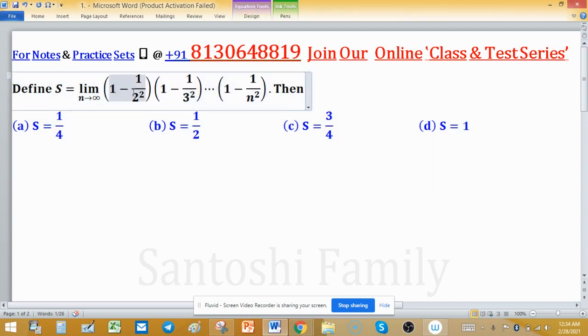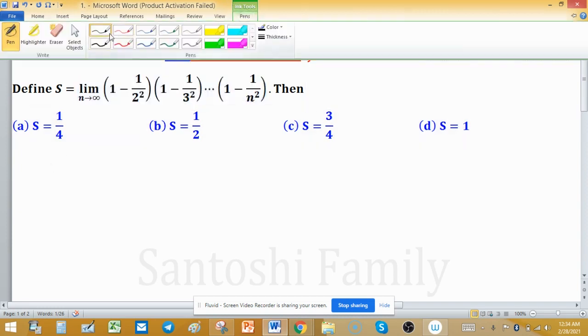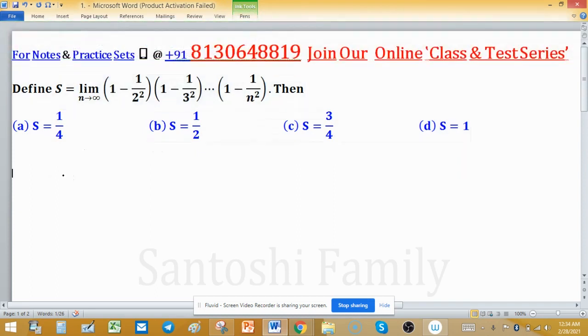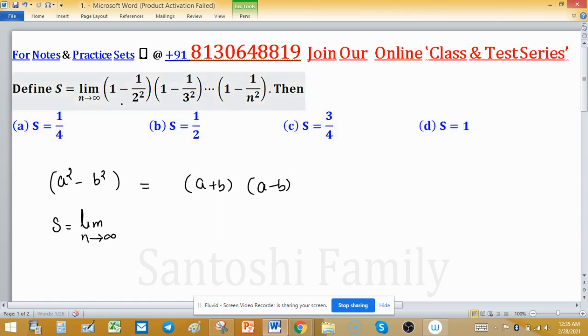Define s as 1 minus 1 upon 2 square, 1 minus 1 upon 3 square, and so on up to 1 minus 1 upon n square. It means you can see inside the bracket a square minus b square identity is forming, and this is nothing but a plus b within bracket a minus b. Use this identity as equal to limit n tends to infinity, and expand these brackets using this identity.